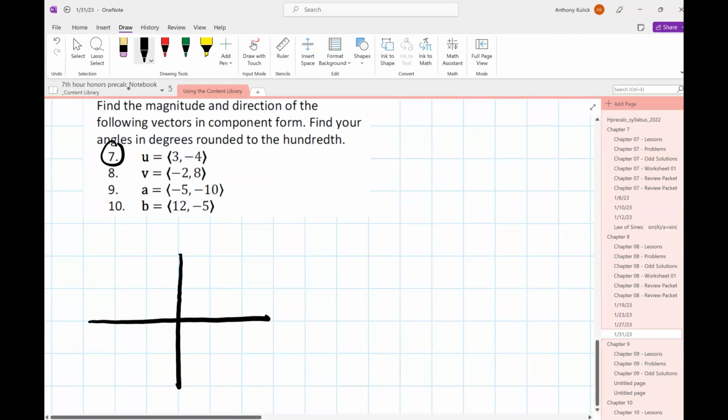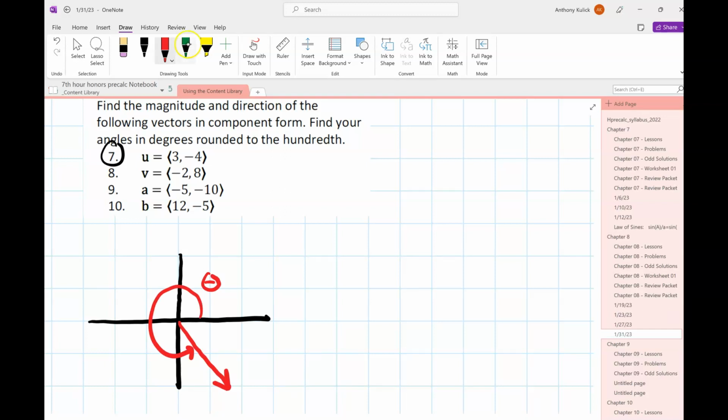So I'm going to start by plotting my picture. If I'm going to draw this vector, I'm going to go 3 over and then -4 down. So this is my angle theta. And then just like last semester, this would be my angle phi.